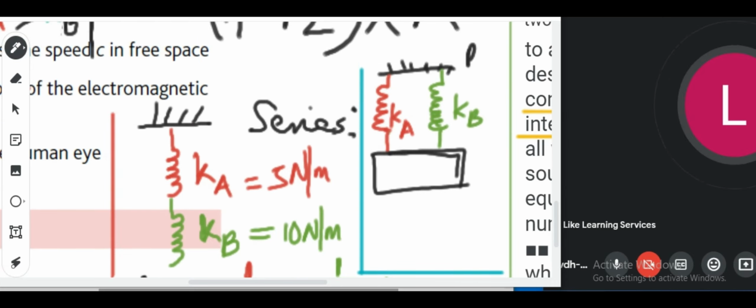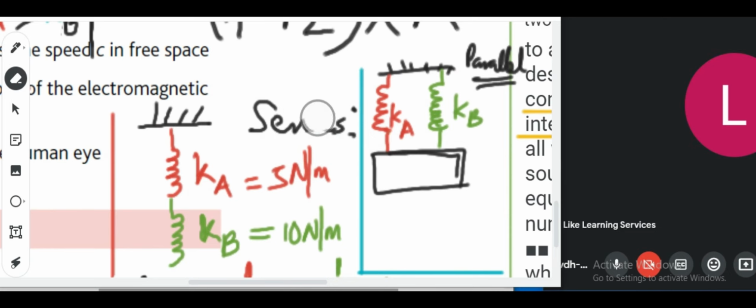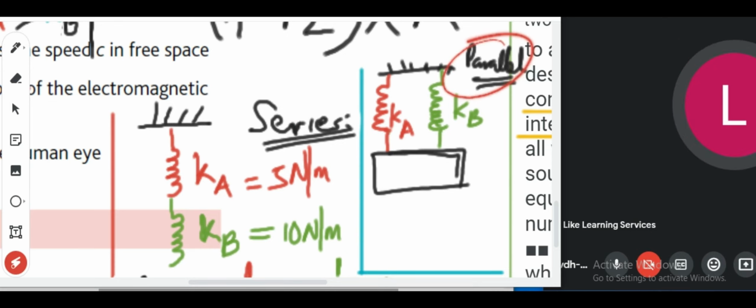Parallel is different from series. Parallel is this way, series is this way. Series, they are connected end to end.